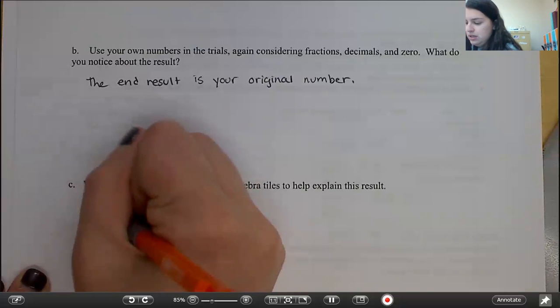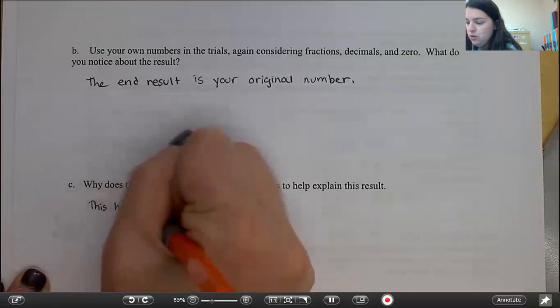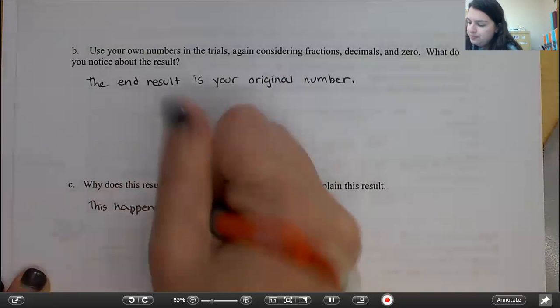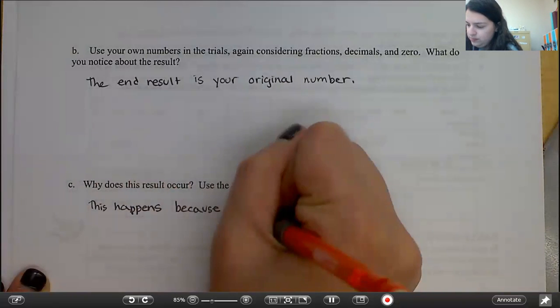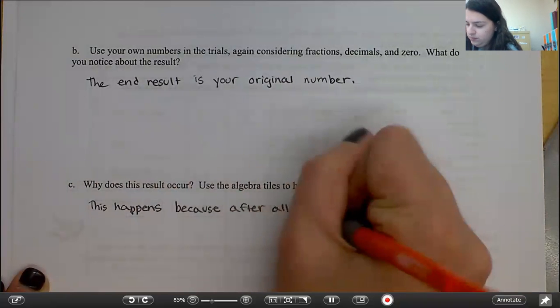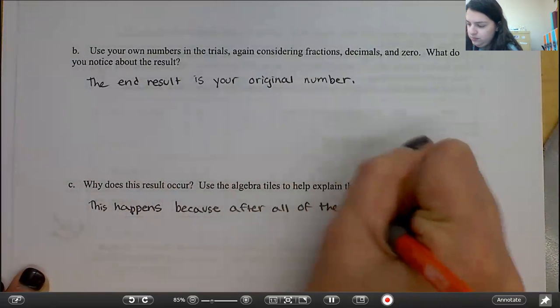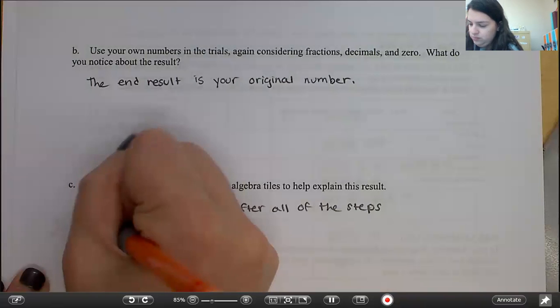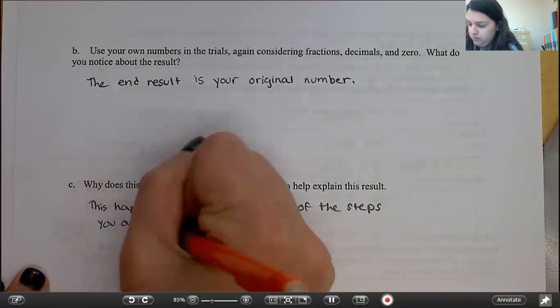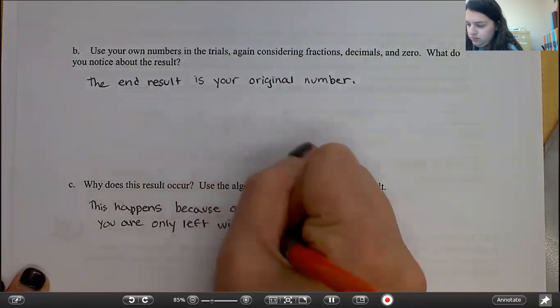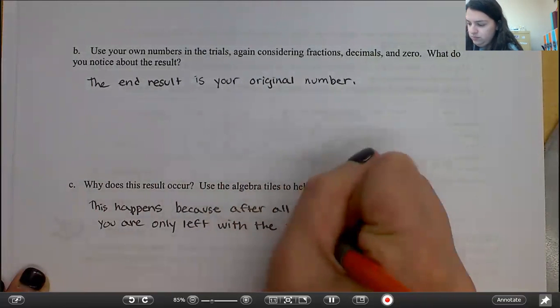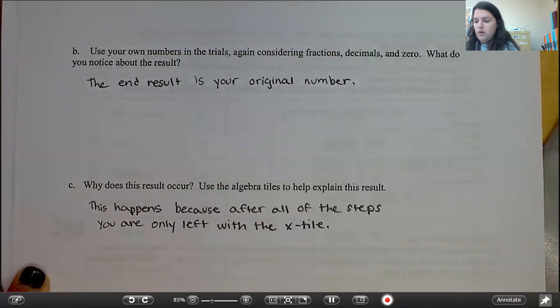Well, this happens because after all the steps, you are only left with the x tile. Okay.